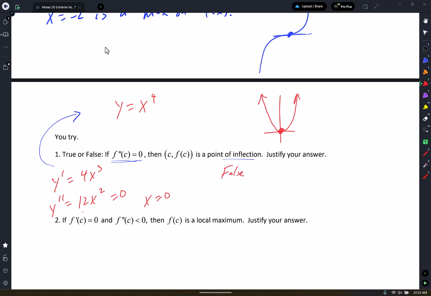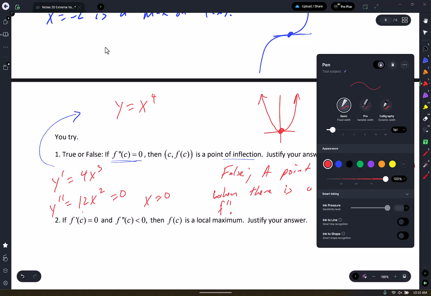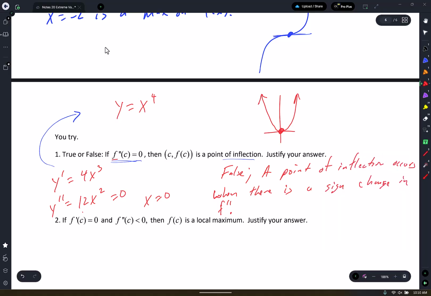And I'm going to put the answer. A point of inflection occurs when there is a sign change in f prime prime. Let me put this in parentheses. Sorry, I should have called that f.